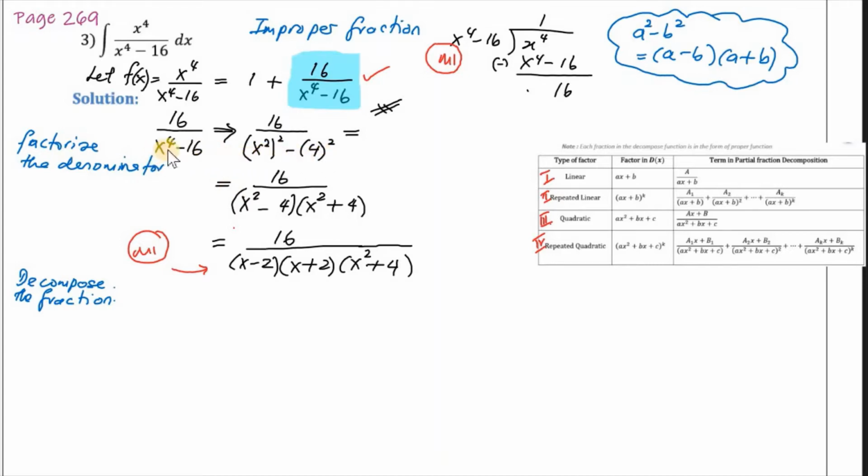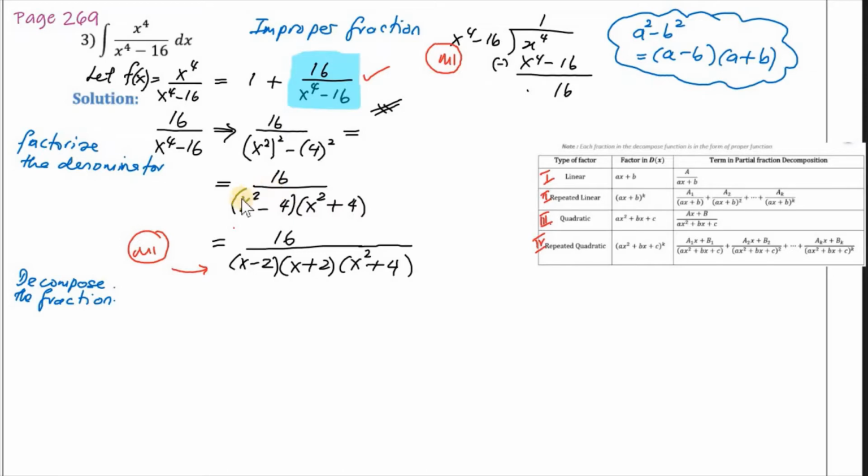Here I am using the formula a square minus b square, which is a minus b, a plus b. For the first part, a is the x square, so a minus b, a plus b.